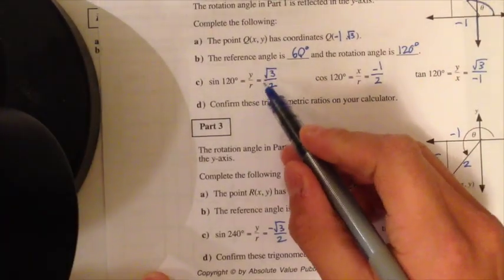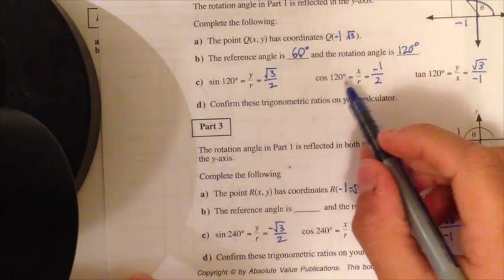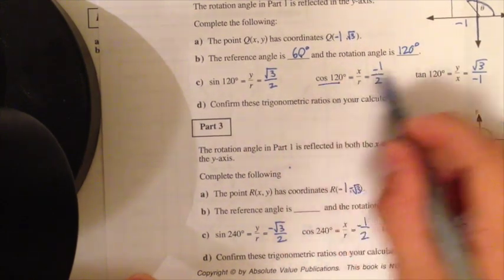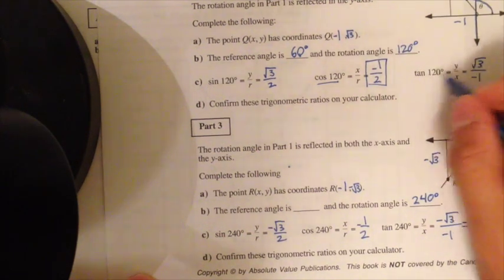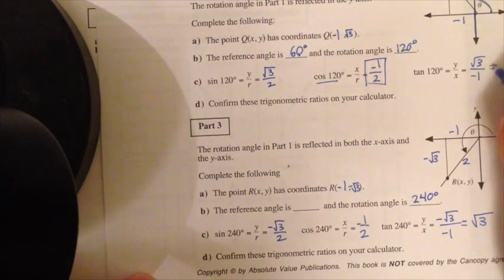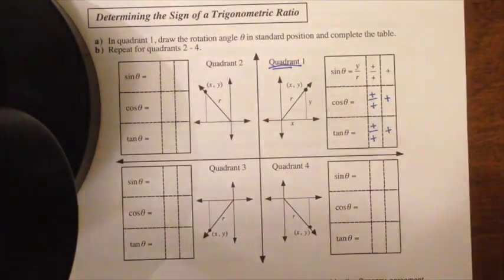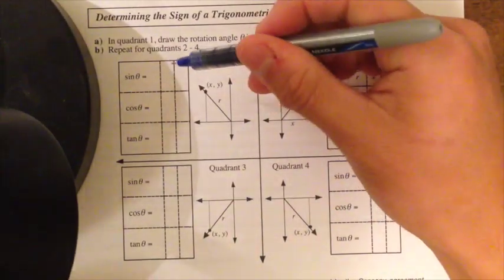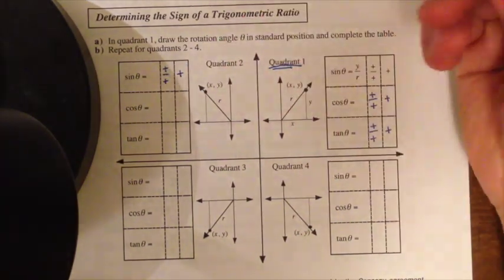So in quadrant 2, I had my sine ratio, which was positive, but I ended with a negative cosine ratio at negative 1 over 2, and a negative tangent ratio of rad 3 divided by negative 1, or negative rad 3. And so that tells me that my sine ratio was a positive divided by a positive, or a positive.